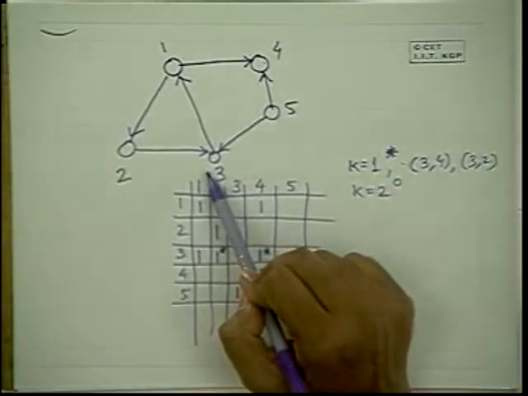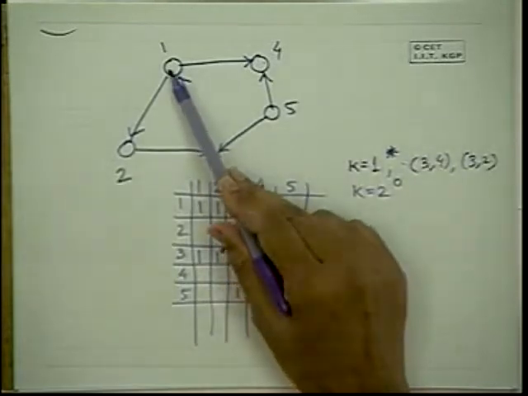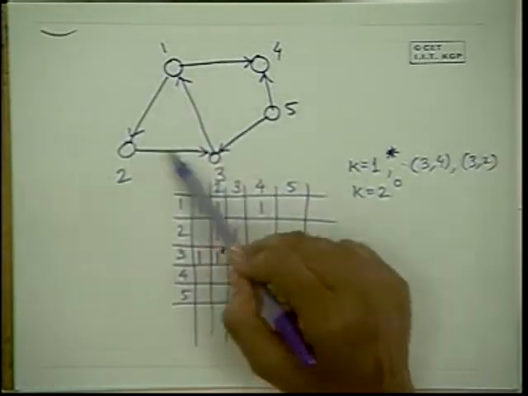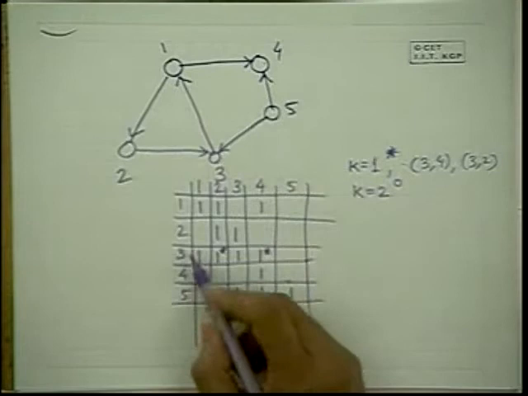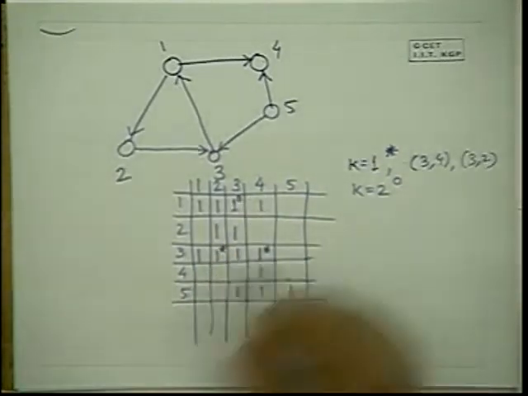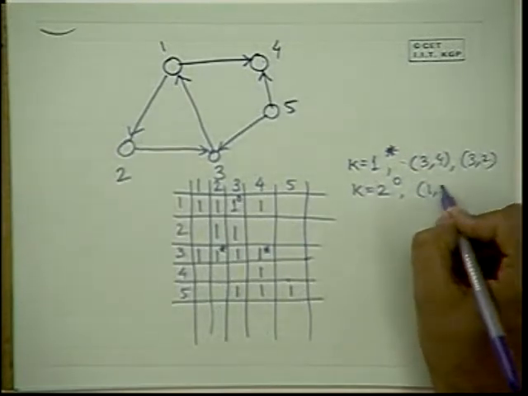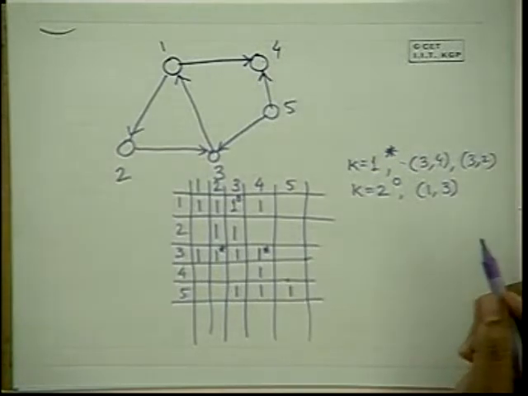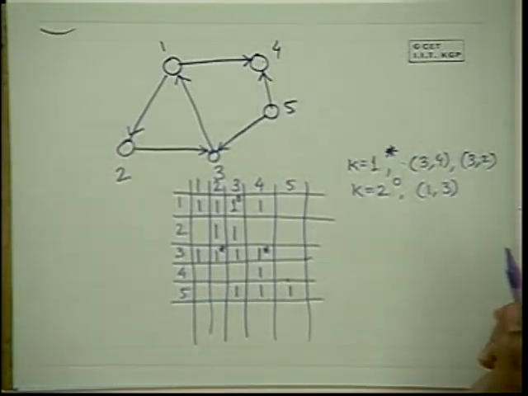Between 1 and 3, the path 1, 2, 3 is allowed now. So at this iteration you will have an edge between 1 and 3, and there will be no other edge with indices less than or equal to 2 which is not set yet. This is the only one at this iteration.